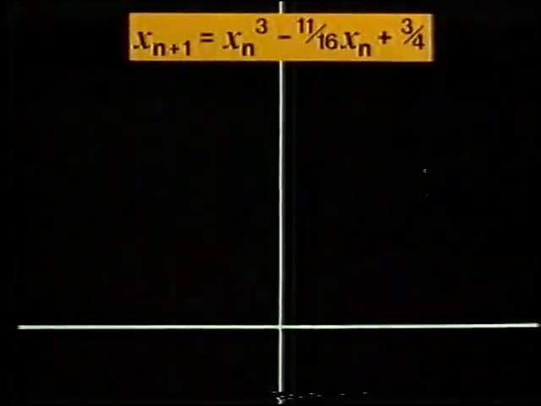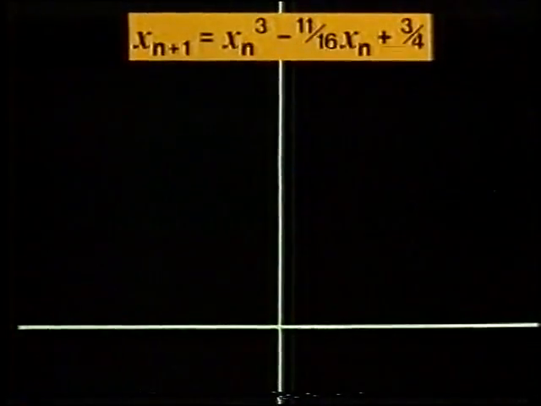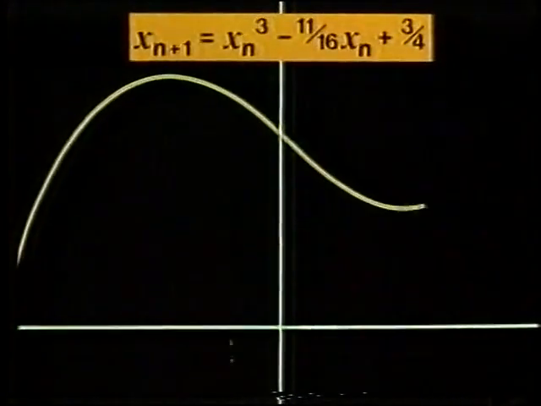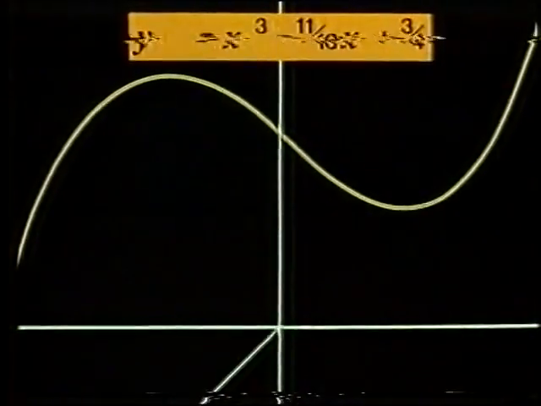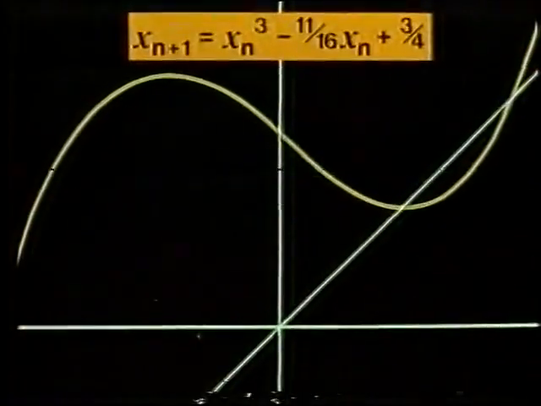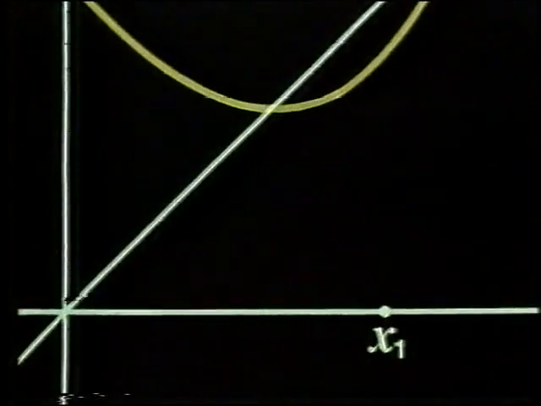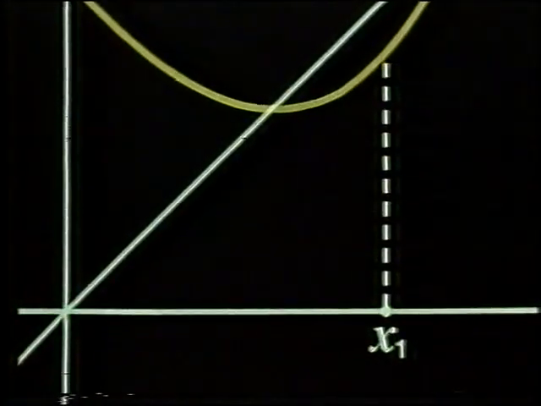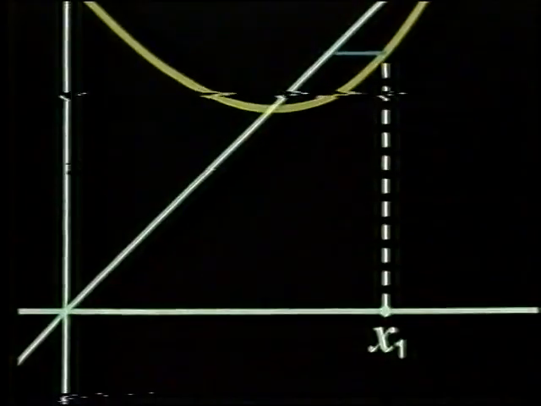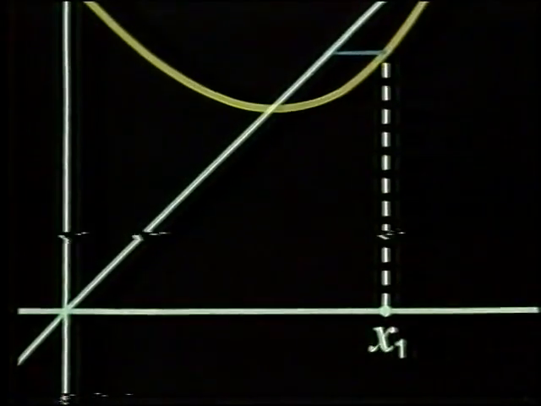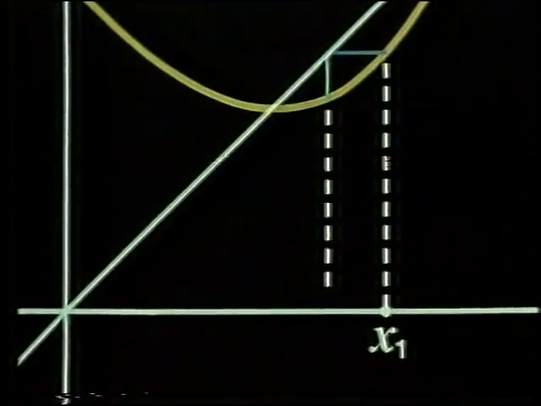We have x_{n+1} equal to a function of x_n. We plot the graph of the function and then the line y equals x. Now, pick a starting value x1. To do iteration graphically, from x1 we go vertically to the curve, and now horizontally to y equals x. And vertically down again, that gives us x2.